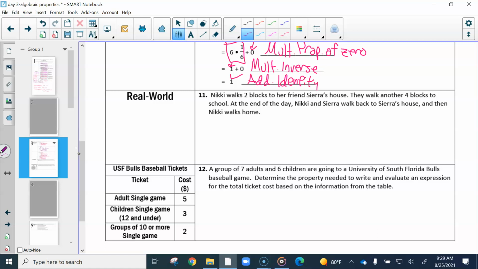Give you a second to think about it. And I saw 4 hands. So let's see if you all thought the same thing. Clayton? Substitution? Associative, okay.